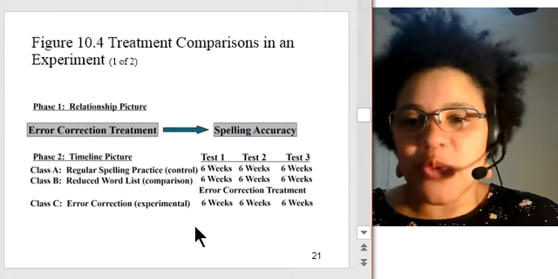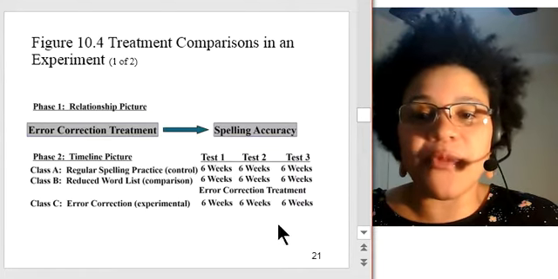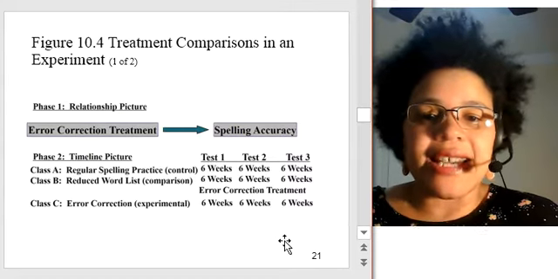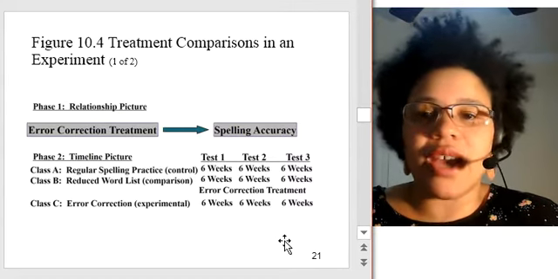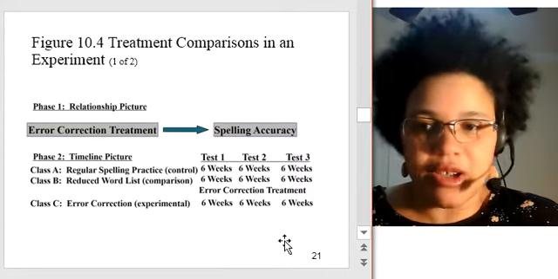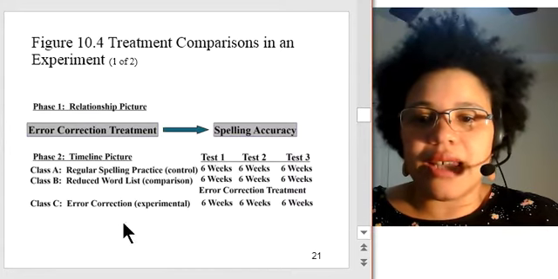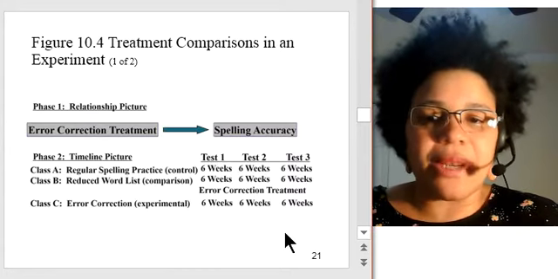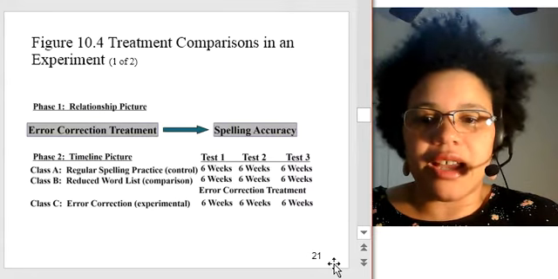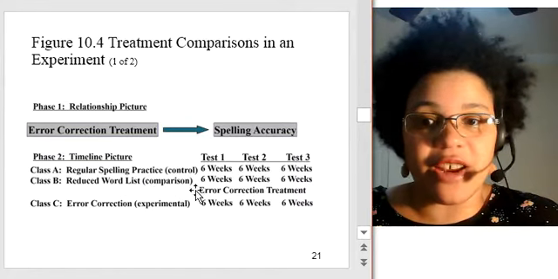Okay, so for example, figure 10.4 in your textbook shows a couple different ways you can design an experiment. Let's say the experiment is about teaching spelling, right? So you might have your regular spelling thing for one class, whatever you regularly do.